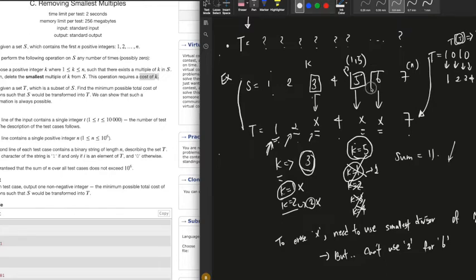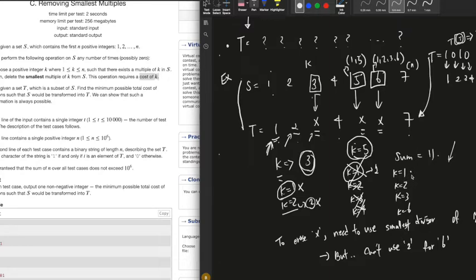And the next one is 6. The divisors of 6 are 1, 2, 3, 6. Since we need to minimize the cost of k, we start from k equal to 1.